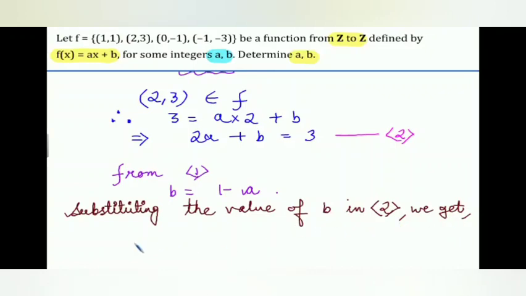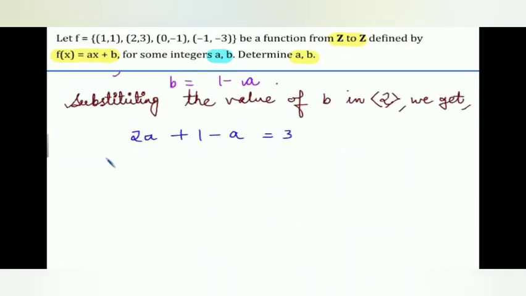Now substitute the value of b in equation number 2. So 2a plus 1 minus a is equal to 3. So a plus 1 is equal to 3, so a is equal to 3 minus 1, that is 2. So a is equal to 2.